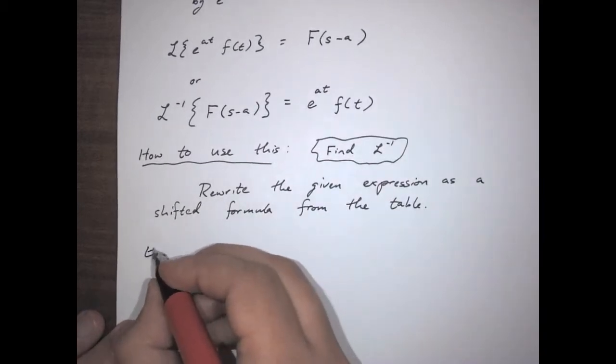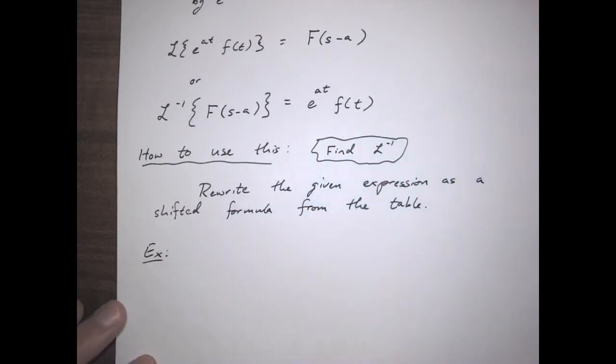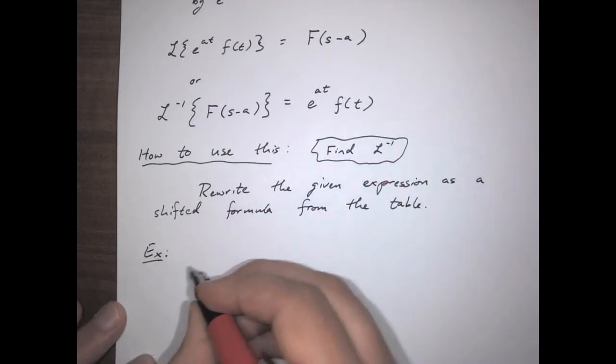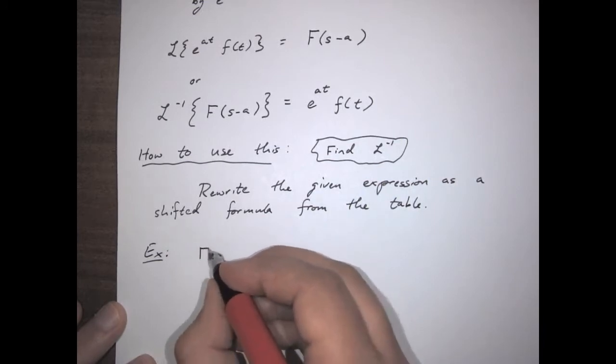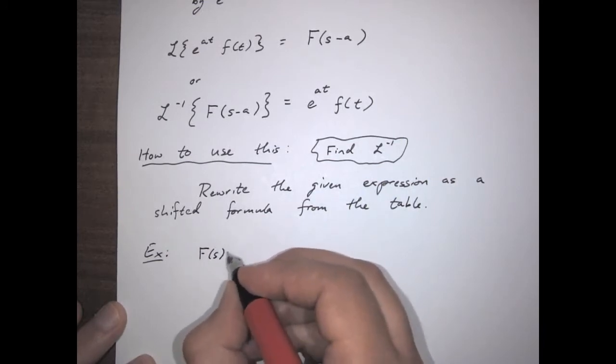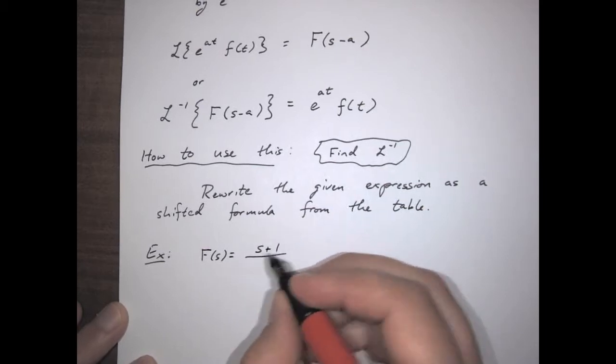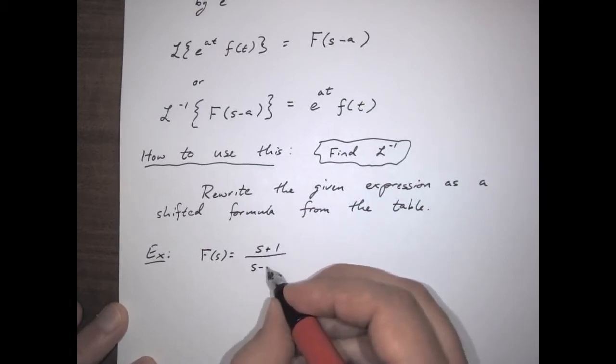So let's see a typical example for something like this. Let's say that we had F of s equal to s plus 1 over s minus 1 squared.